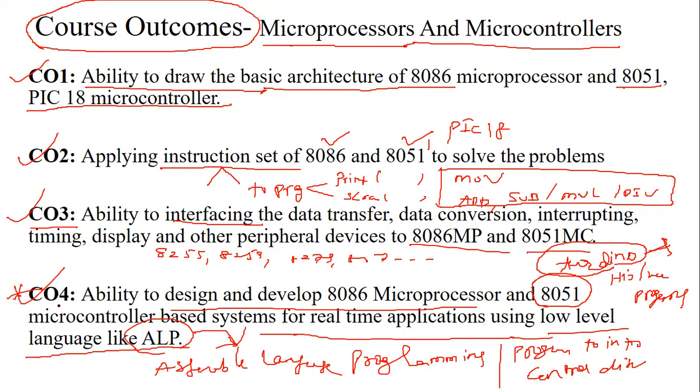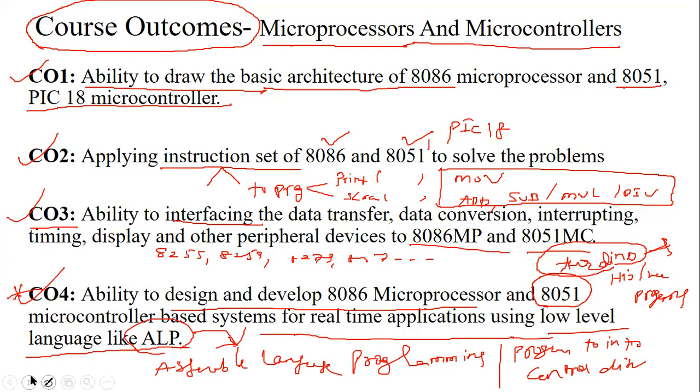You can meet these four aims, or four outcomes. We will definitely guarantee that you will meet all these four outcomes after the completion of the syllabus, after the completion of the course.